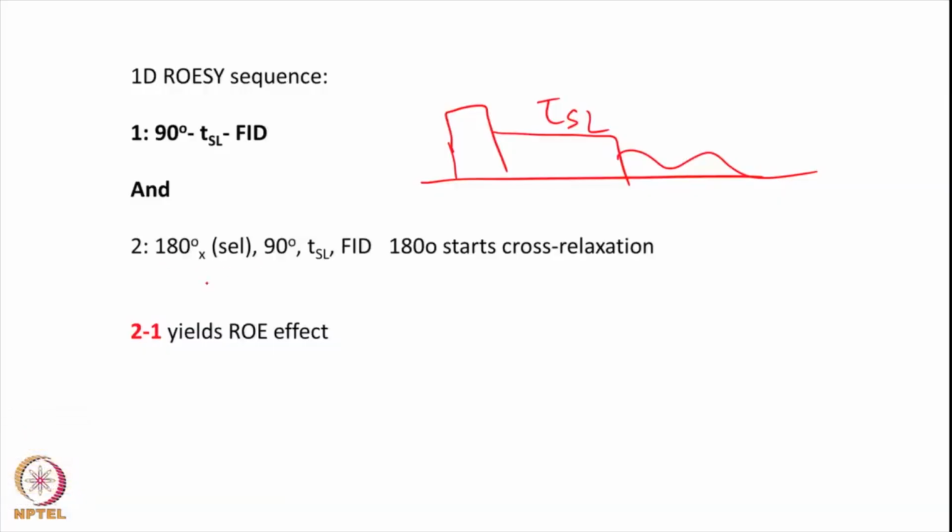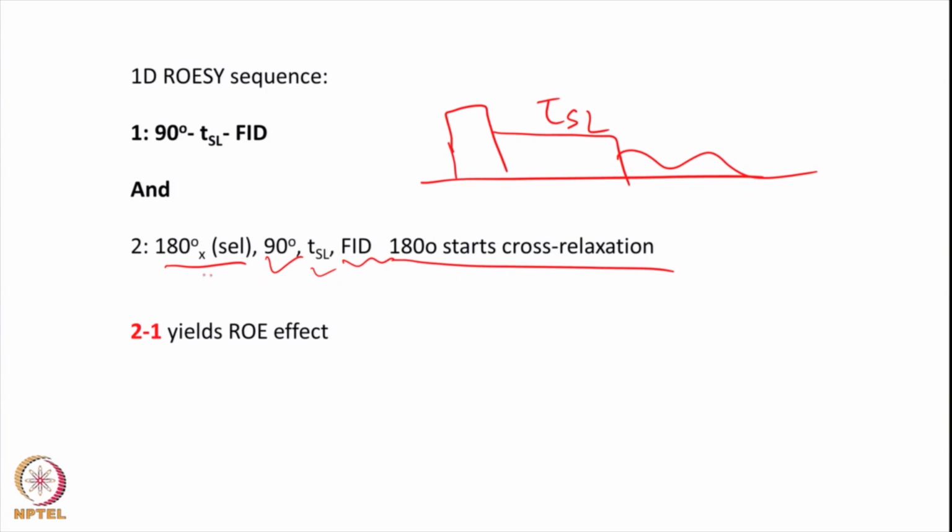So, one can have the alternate experiment where we selectively invert one of the spins. By applying a 180-degree pulse, then a 90-degree pulse and then a spin lock and FID. Now, if you apply the 180-degree pulse it starts the cross relaxation.